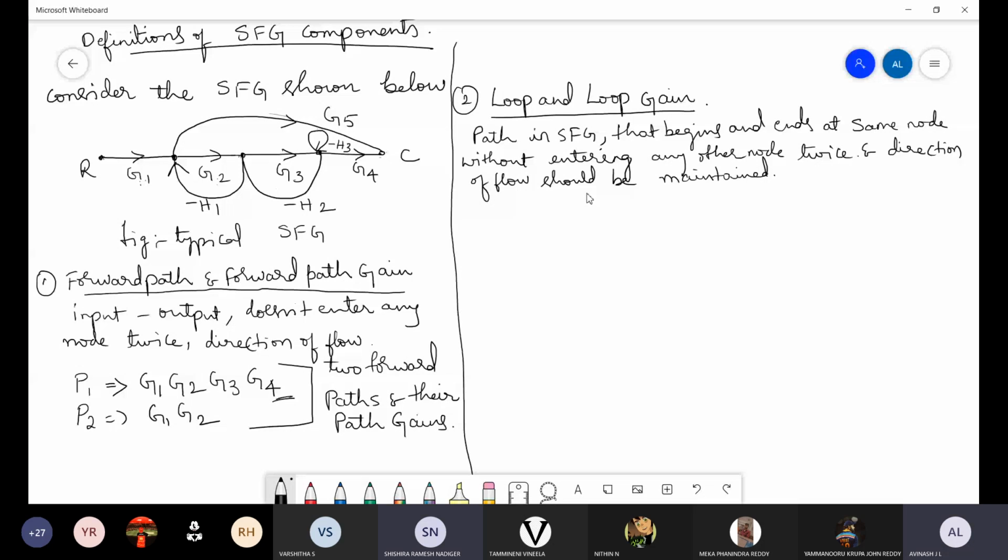Three loops. Four loops. Three loops are there. Very good. What are those? Sir, four loops, sir. What are the loops?